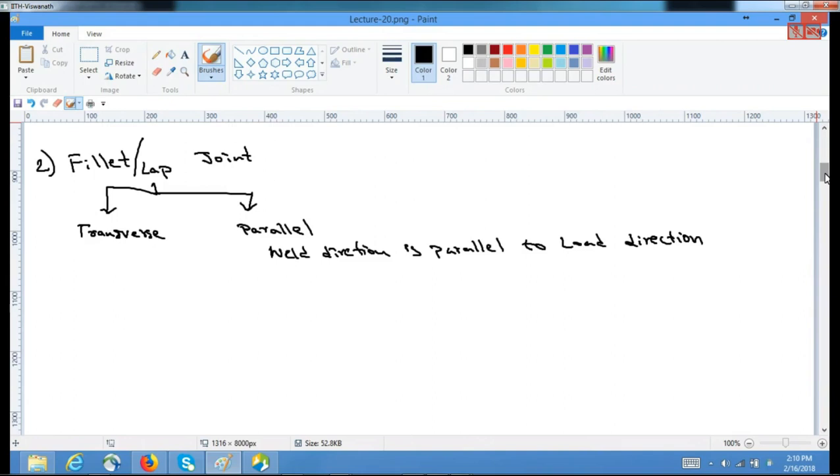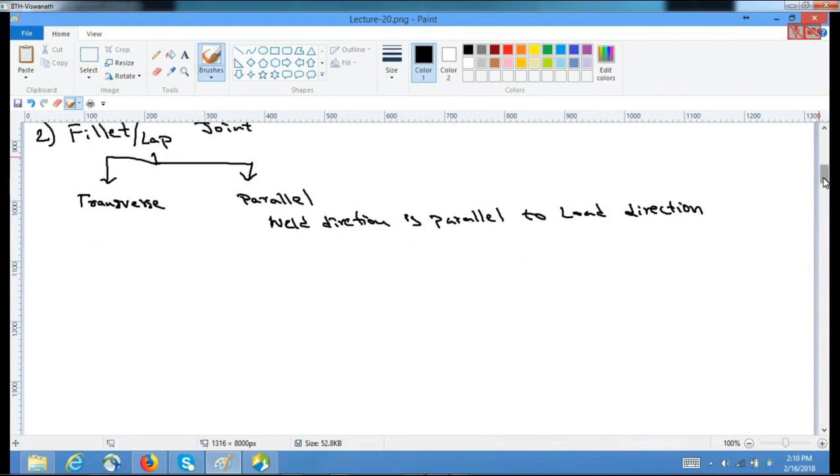We'll come in parts. The first one is the strength of the butt weld.